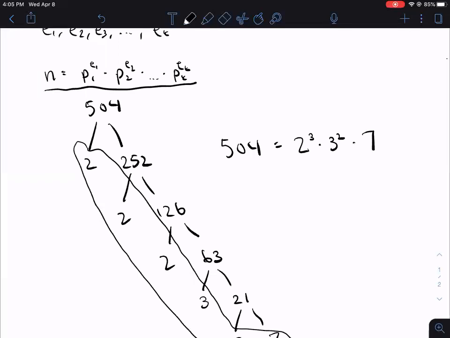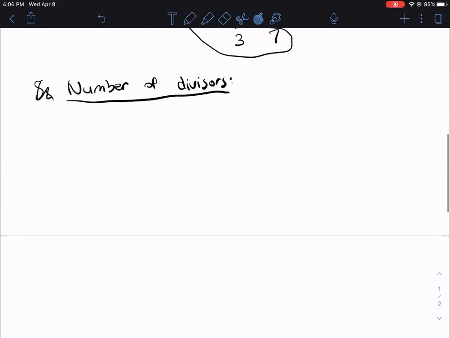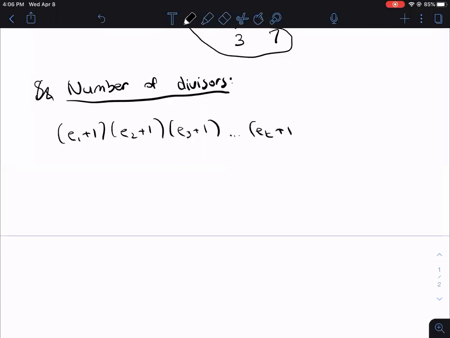Then the exponents are e1, e2, e3, all the way to ek. And the number of divisors is equal to (e1 plus 1) times (e2 plus 1) times (e3 plus 1) dot dot dot all the way to times (ek plus 1). Does that make sense?